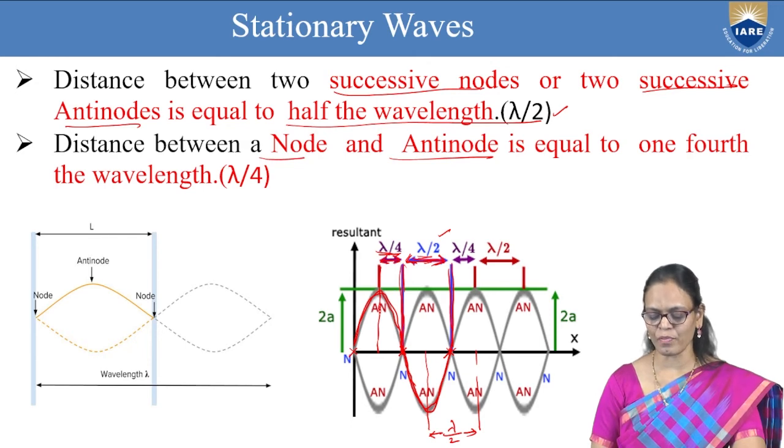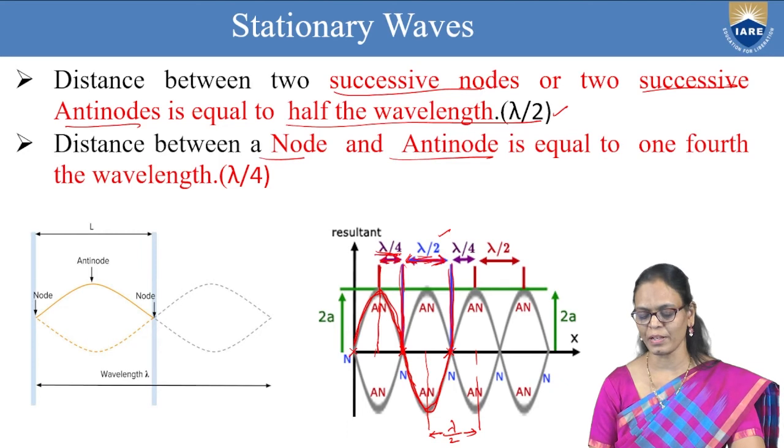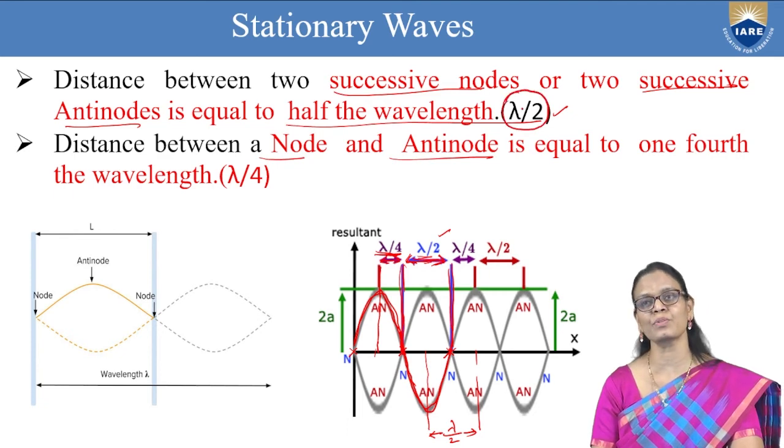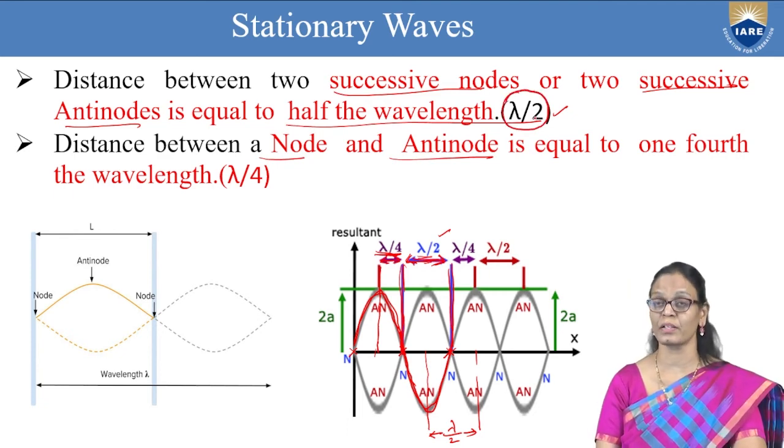So this is only 1/4 of the wave. So it is lambda by 4. So what we try to understand here is that lambda by 2 is the distance between any two nodes or any two antinodes. And lambda by 4 is the distance between a node and an antinode.